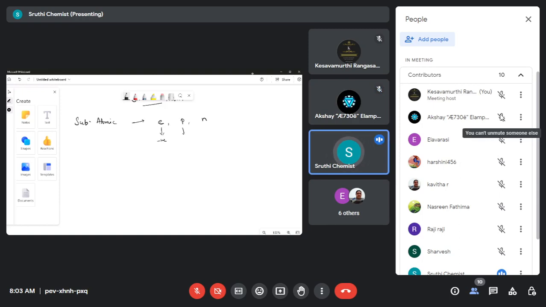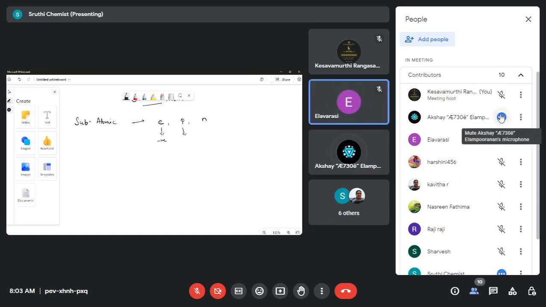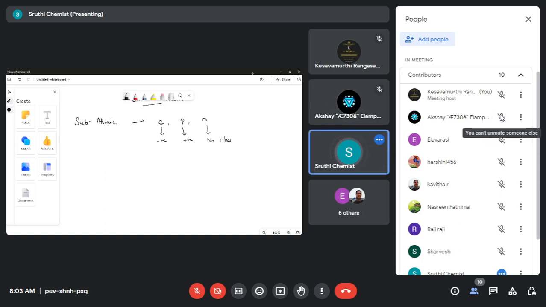Protons are positively charged, and neutrons don't carry any charge. The electron symbol is negative, proton is positive. We need not write the full word electron, so instead we can write e minus, p plus, and neutron has no charge. So these are all the subatomic particles in the atom.